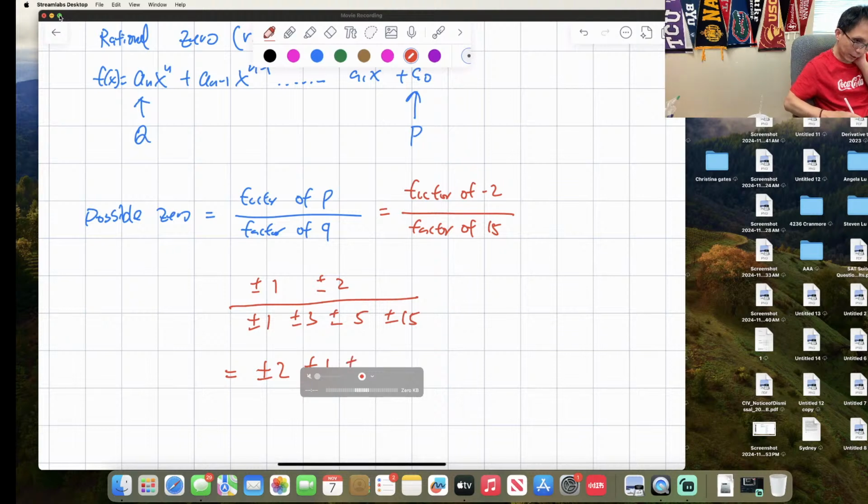Then plus or minus 1/3, plus or minus 2/3, plus or minus 1/5, plus or minus 2/5, and then plus or minus 1/15, and plus or minus 2/15.